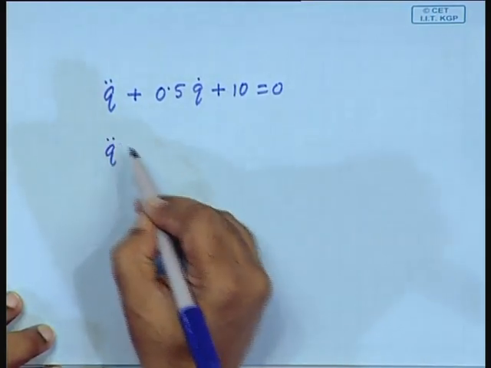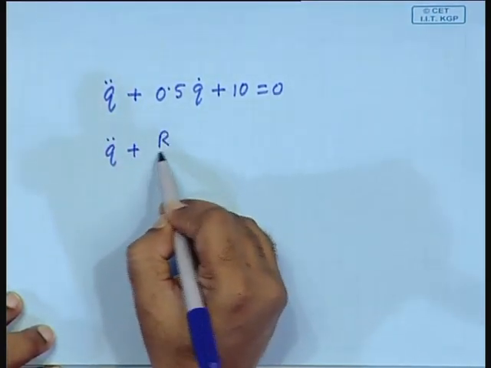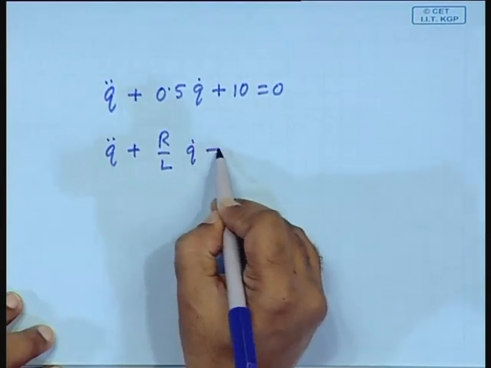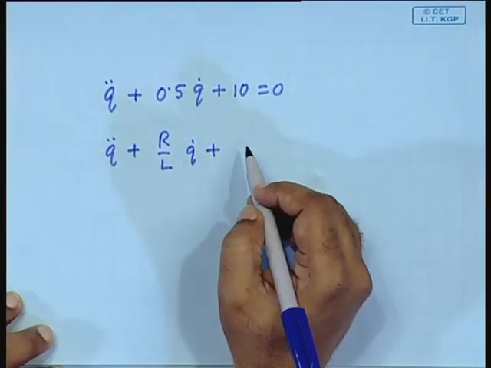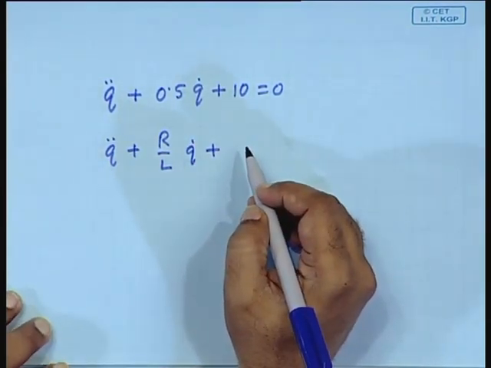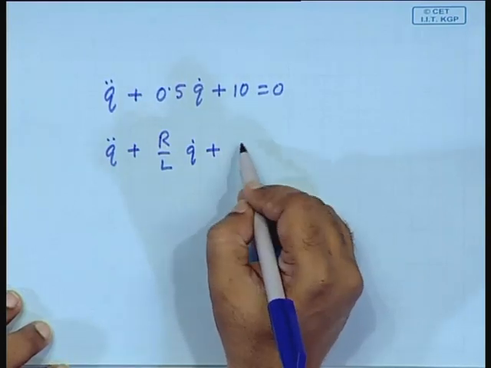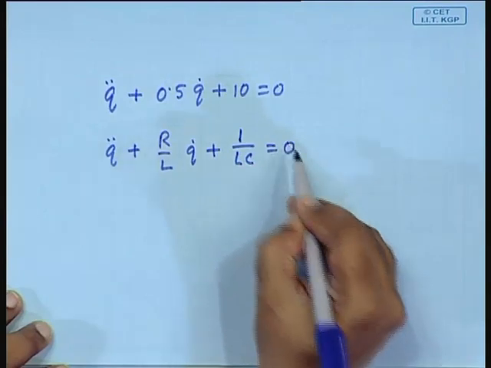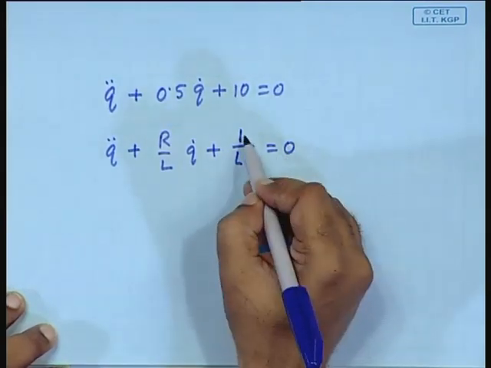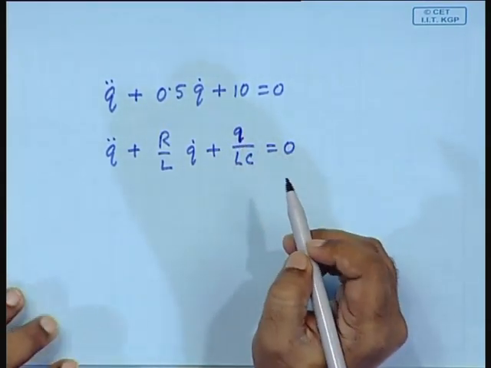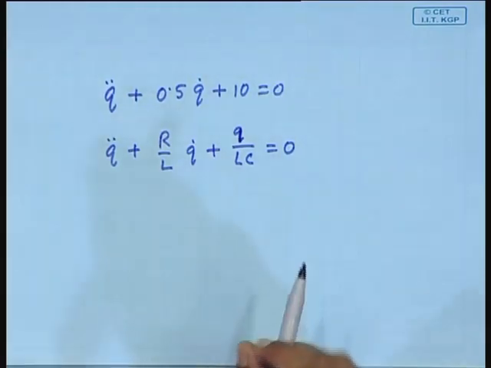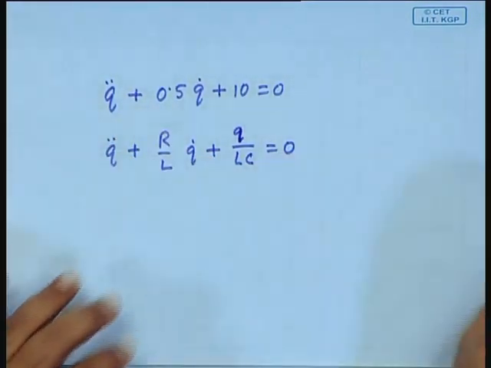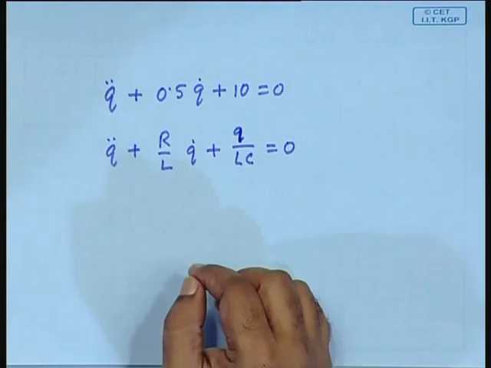So, Q double dot plus R by L Q dot plus 1 by L C Q is equal to 0, yes, fine. Okay, good. For these things you have already found that it will be a decaying sinusoid.